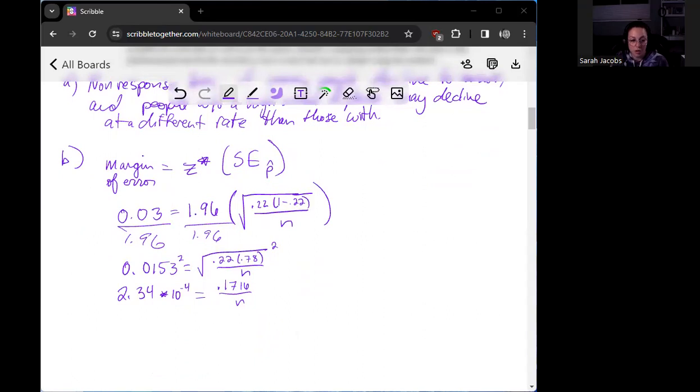If you don't already know exactly how to do this, just write out your algebra every time. You're going to multiply by n on both sides. These cancel out. Then we get 2.34 times 10 to the negative 4th n equals 0.1716. And then we're going to divide both sides by 2.34 times 10 to the negative 4th.